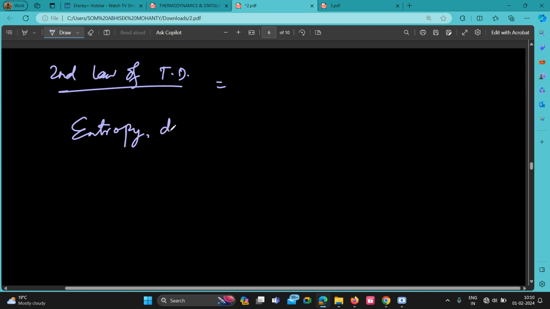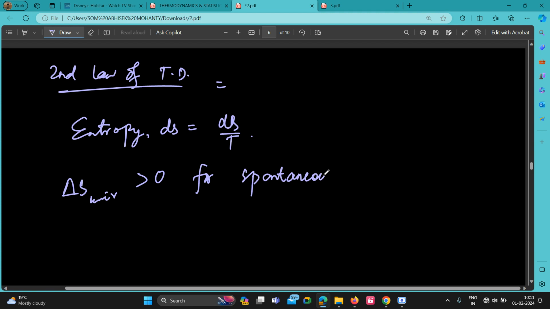Now there is the second law of thermodynamics from which we are getting the entropy. Entropy: dS is equal to dq by T. Del S universe is greater than 0 for spontaneous or irreversible process.